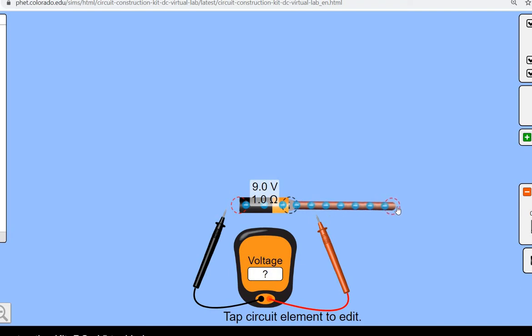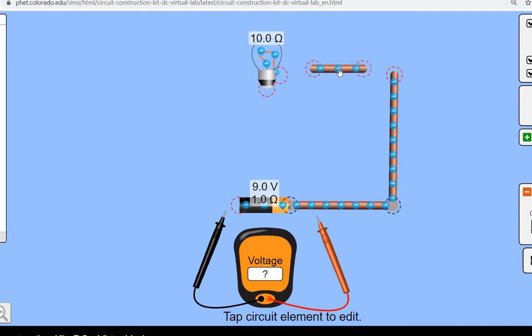So now let's build this circuit, and attach a light bulb of 10 ohm resistance, and connect the wires.